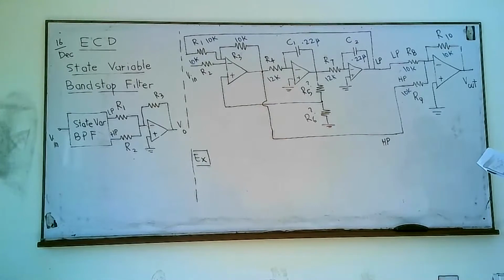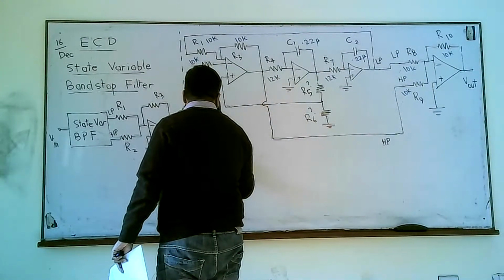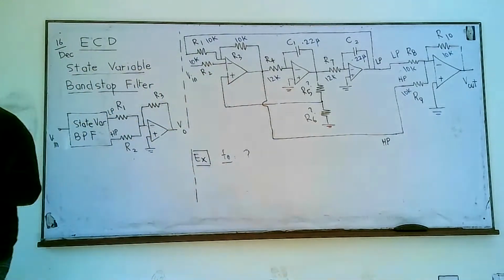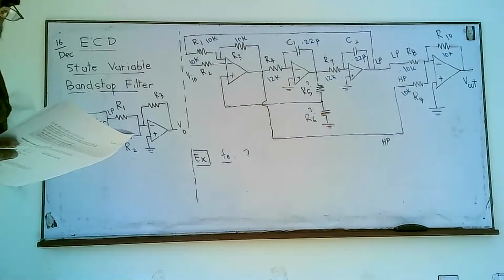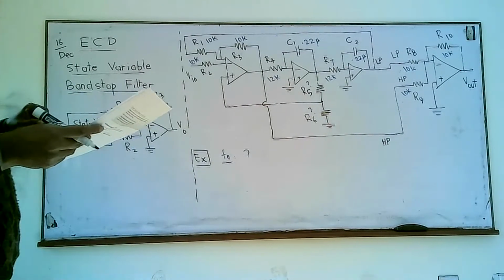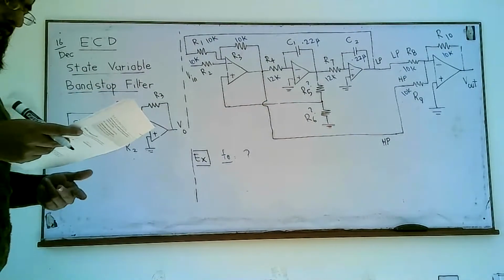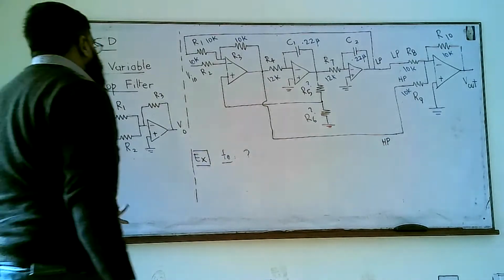And given all these values, we need to find first of all the cutoff frequency F0, and then we have to find the values of R5 and R6 if we want to ensure this F0 and Q is equal to 10. So first let's calculate F0.